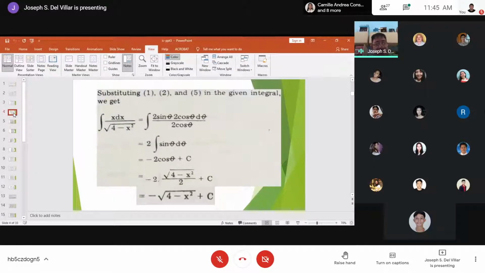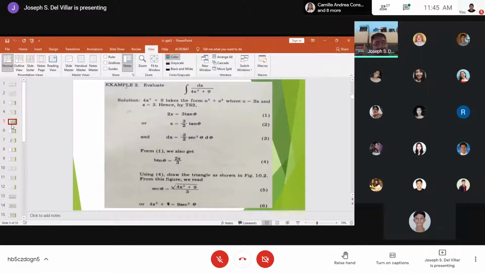O, tingnan naman natin dito sa kabila. O, dito sa 4x squared plus 9. Okay? Paano nyo ito gagawa ng right triangle? So, i-express nyo muna everything in square, no? So, this is 2x closed quantity squared plus 3 squared.